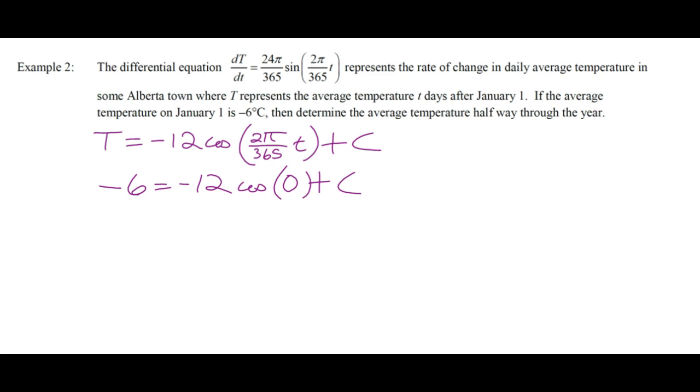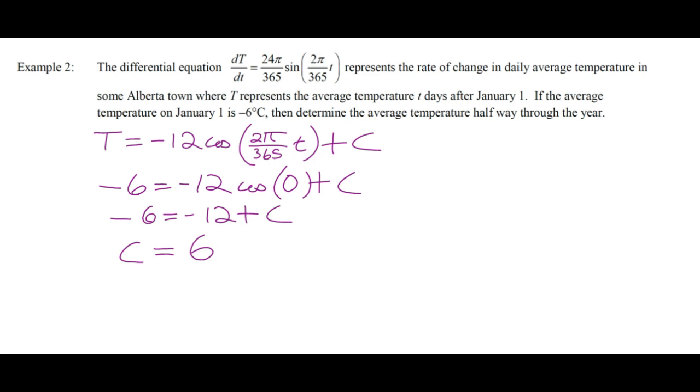Okay, what's the cos of 0? 1. So then, what's c? 6, yeah, good.